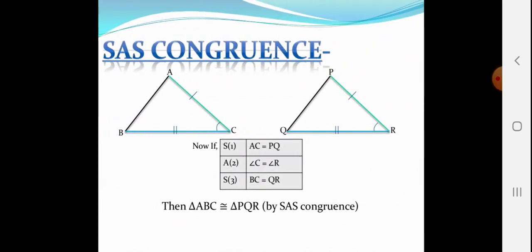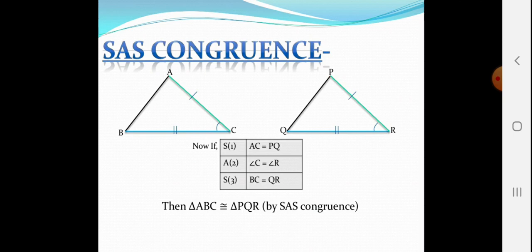So how does SAS congruence look like? Here two triangles are given. You can see that in the first triangle side AC is equal to PR of the second triangle, right? And angle C is equal to angle R. AC is equal to PR, angle C is equal to angle R, and BC is equal to QR.